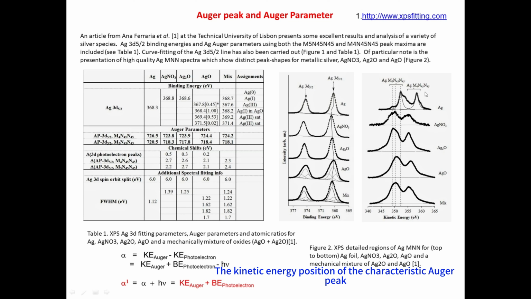The kinetic energy position of the characteristic Auger peak, silver MNN, can be clearly distinguished. For silver metal, the Auger kinetic energy is higher, while for oxidized silver, the kinetic energy is lower. Also, the peak shapes are quite different.